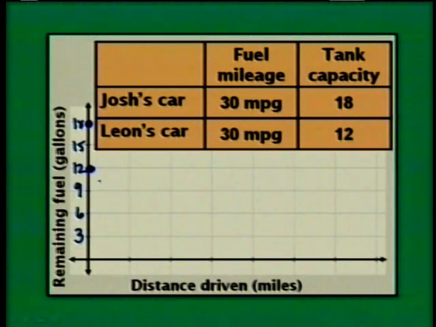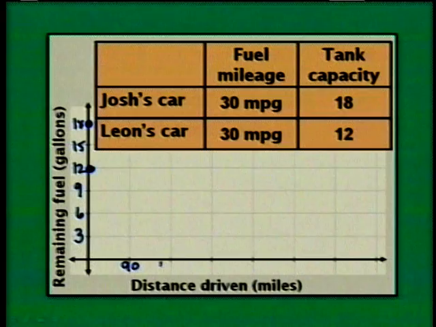Now let me focus on Leon here for a moment. I have a scale of 3 on my vertical axis. So if both Josh and Leon get 30 miles per gallon, then how far can they drive on 3 gallons of gas? Well, on 3 gallons of gas, they should be able to drive 90 miles. So I think what I'm going to do to make the graphing easy is use a scale of 90 for distance driven.